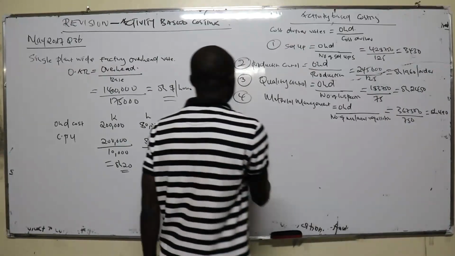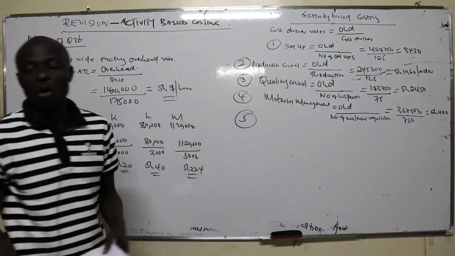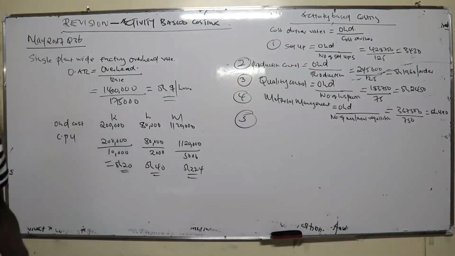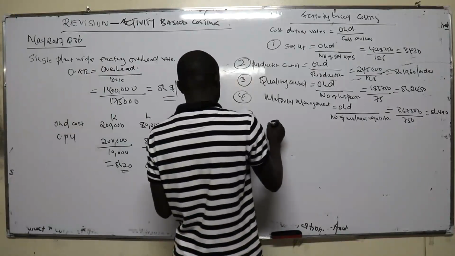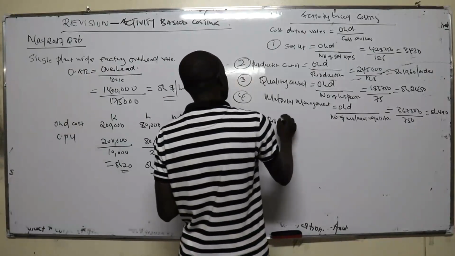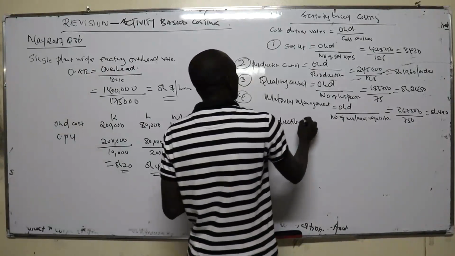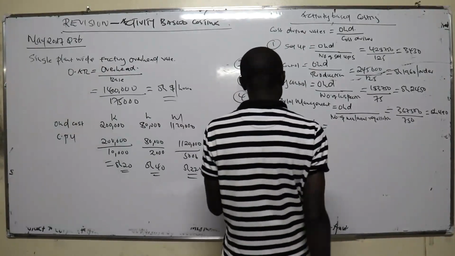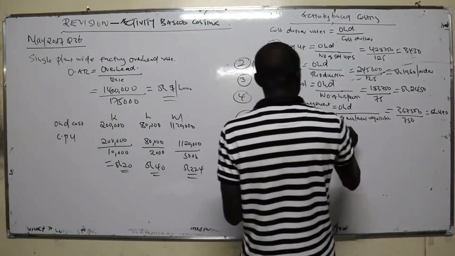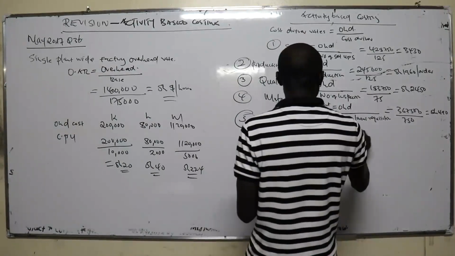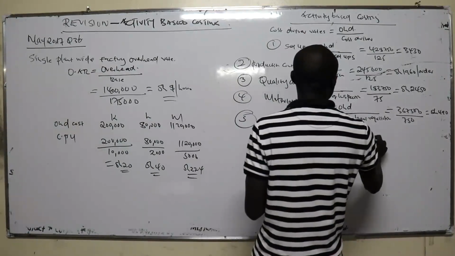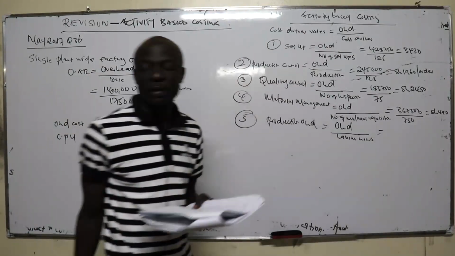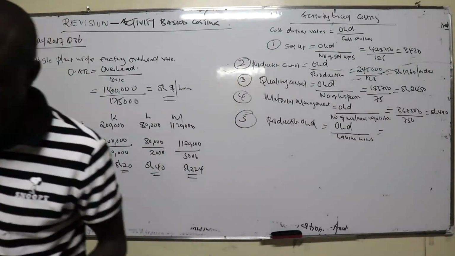And lastly here, we have what we call production overheads, the last one. Production overheads is going to be overhead over labor hours. That is the total budgeted labor hours.